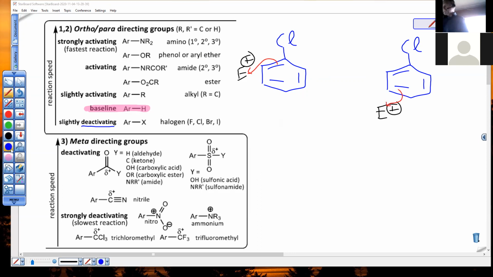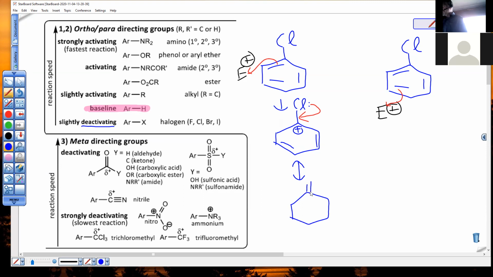And you generate in your slow step here a great carbocation. I've seen better. It is next to an electronegative chlorine, which is not a great thing. But at least that electronegative chlorine can do this. Resonate. Fill that octet. Is it a great resonance form? Not really. Nope, it's not that either.